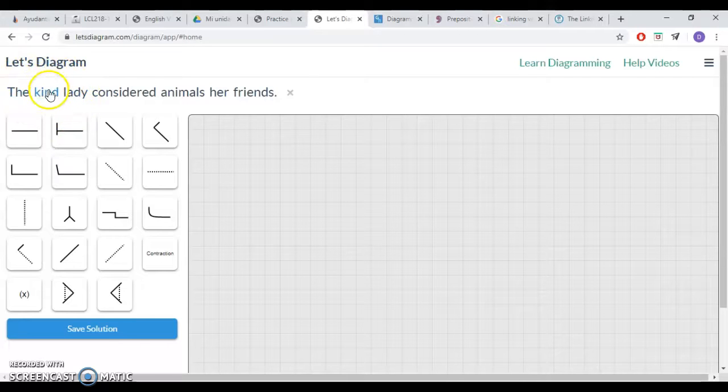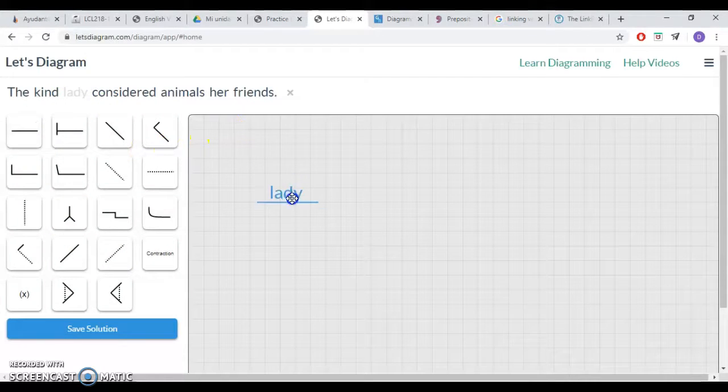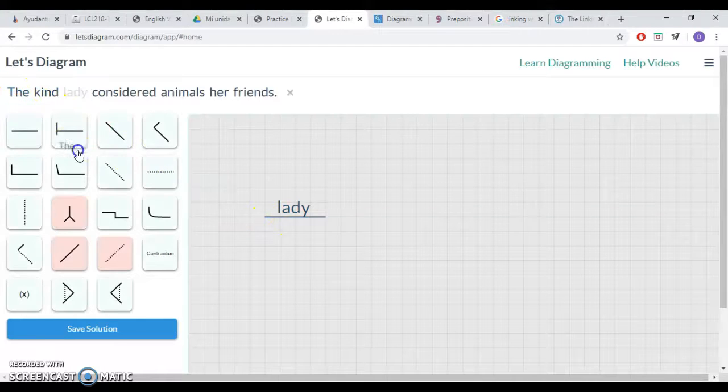We have 2 modifiers and the head of the phrase, which is the noun. So we know that lady is the subject. And these 2 are modifying it. Okay, so as modifiers in the diagrams, they always go below. So we have the.